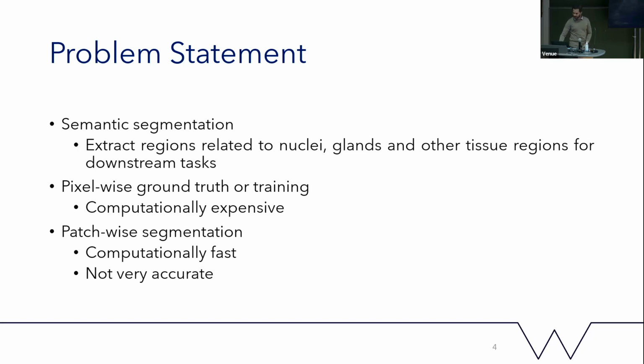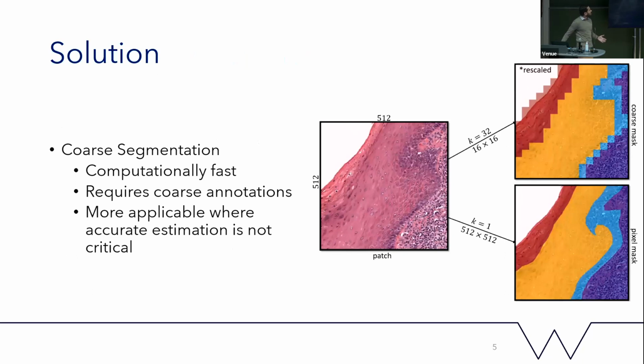So considering the cons of both, we proposed a coarse segmentation. It is computationally fast, and we'll see later on. It requires coarse annotations. It doesn't require fine-grained annotations, and it's applicable where we do not need an exact, accurate estimation of the underlying subject. For example, for nuclei, we can't do that.